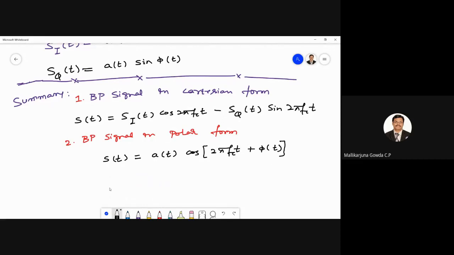A of t is the envelope and phi of t is the phase of the signal. So this is all about the representation of bandpass signal in Cartesian as well as polar form.